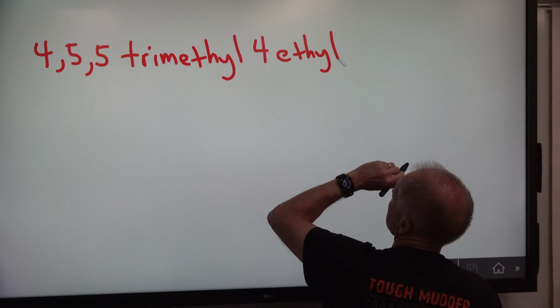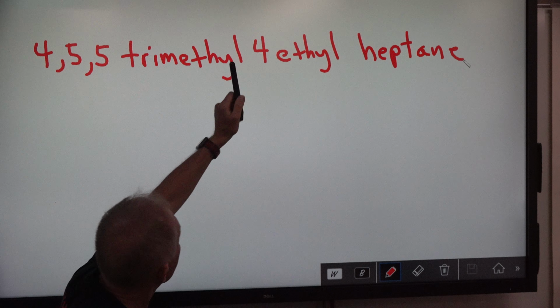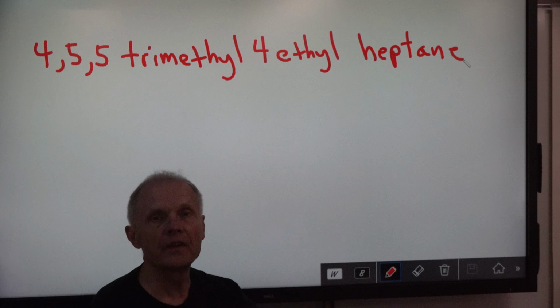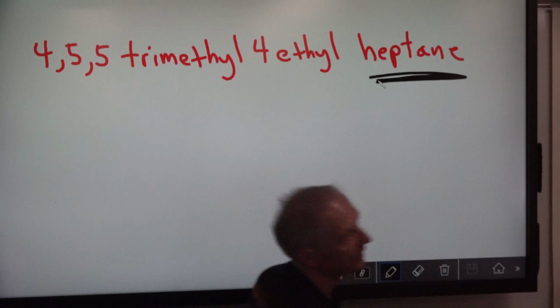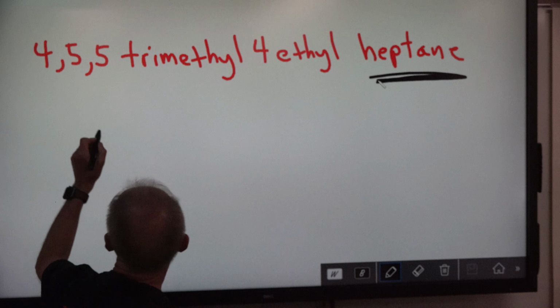Okay, so now let's check it out. 4,5,5-trimethyl, 4-ethyl heptane. So you draw the trunk first. It's heptane. So you have 7 carbons and it's ane, all single bonds.